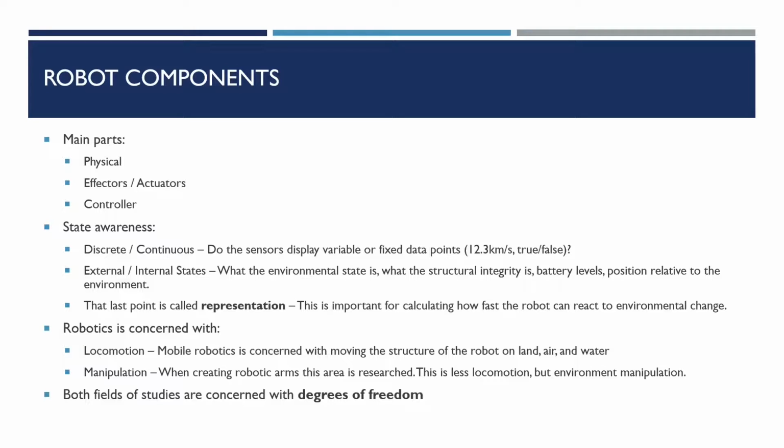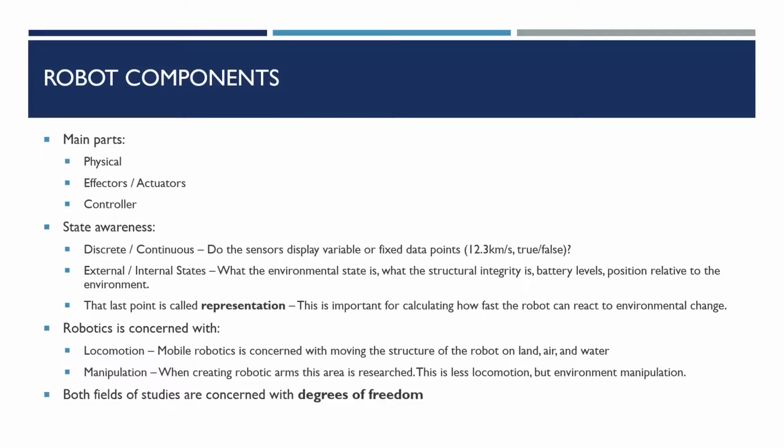So some of the components are physical vectors, actuators, and the controllers. We have a rough idea of what they do, but another important concept is awareness. For example, do the sensors read fixed data points, such as true or false, or is it variable, such as we're going 12.3 kilometers per second or hour? Per second would be very fast.